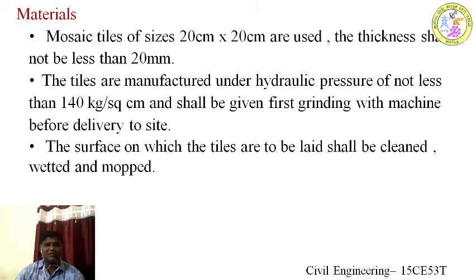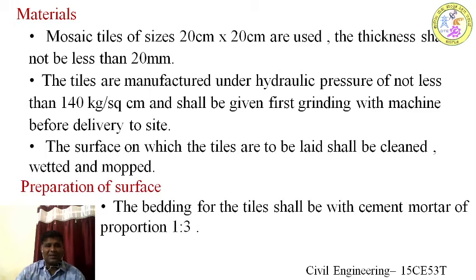Coming to preparation of the surface, the surface on which the tiles have to be laid has to be wetted and cleaned. Then I am going to prepare a bedding. The bedding shall be of cement mortar 1:3, a little richer mix will be used for these tiles.